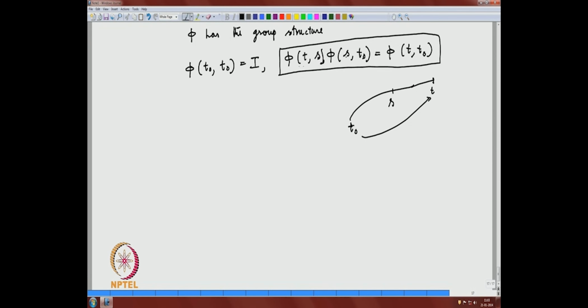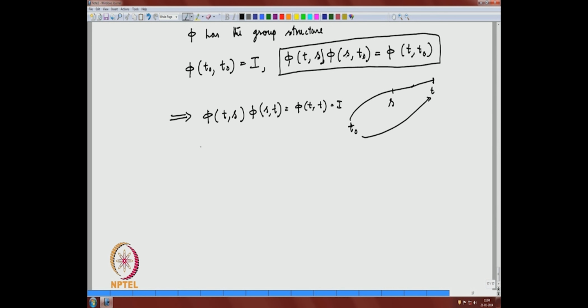So, this immediately tells you that this is invertible. The implication is that phi t s, in particular if I put s equal to t, I will get phi t t, or maybe I have to do it with some t naught properly, and you get identity.